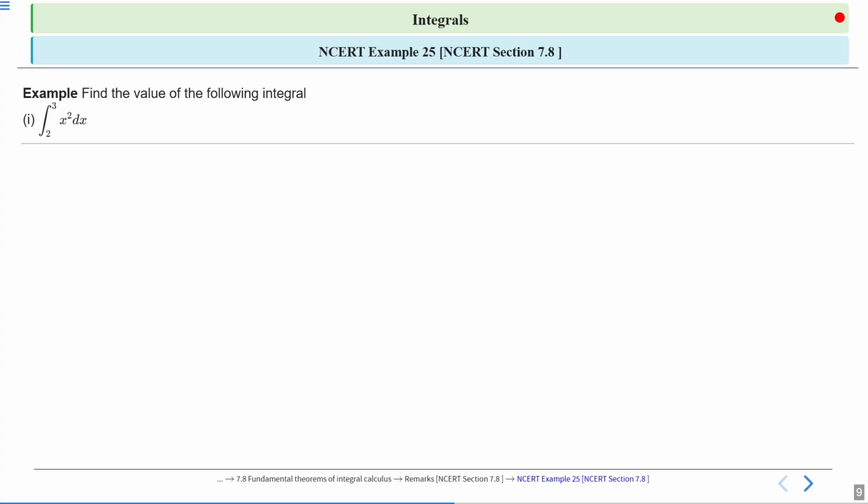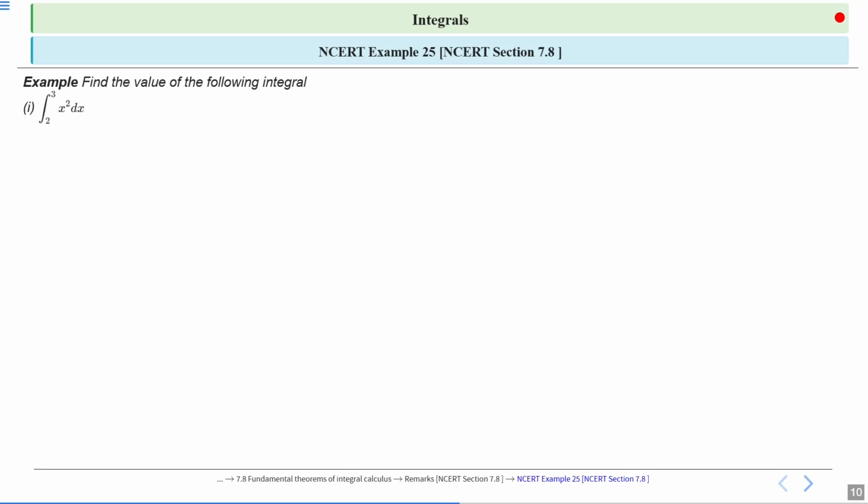And the function is x square. So at first we have to calculate the indefinite integral. So what is the integration of x square?